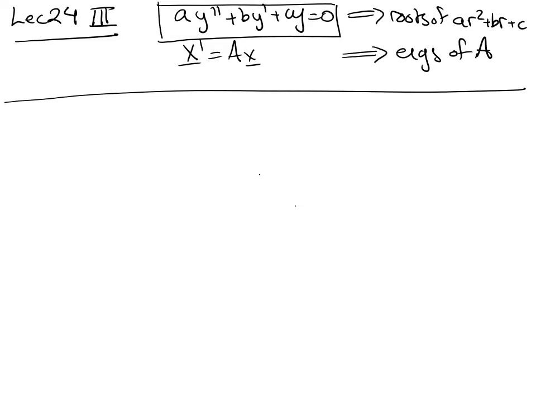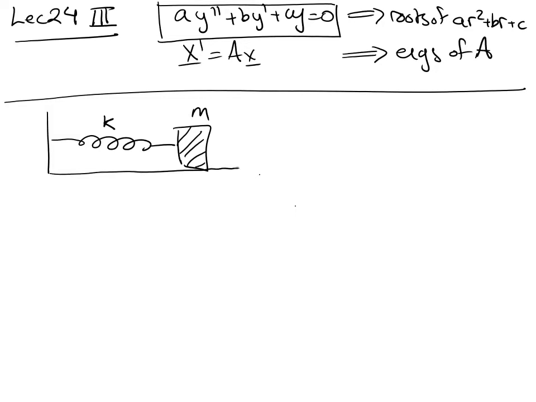I'm going to go back to my mass spring example, where I had a block of mass M attached to a spring of spring constant K. It's sitting on a surface which has some friction.